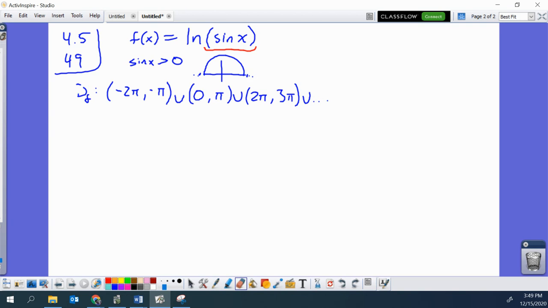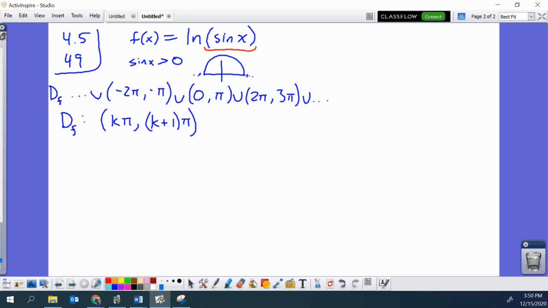In fact, let me make a little room here. Now, there is maybe a more efficient way to write this too, but this is a valid way to give this set of intervals. Again, a cleaner, maybe more elegant way is to say k pi, comma, and then k plus 1 pi for any even integer k.